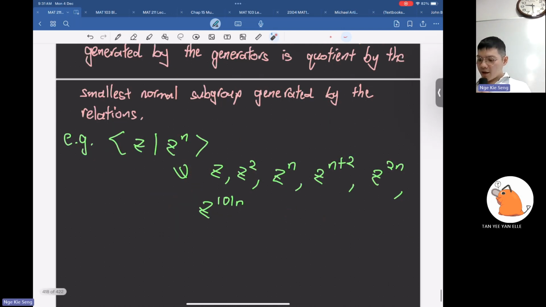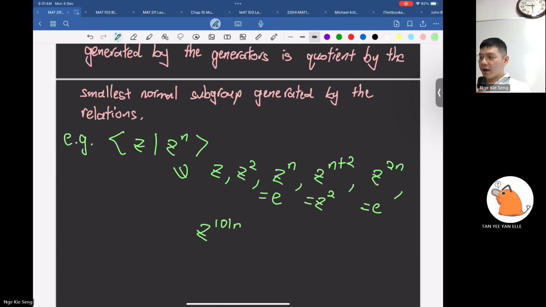What happened? There's an implication on the multiples of n. For example, Z to the n is equivalent to identity. Z to the n plus 1 is Z. Z to the 2n becomes identity as well, and Z to the 101n goes to identity as well. What is the identity here? It is the empty word.